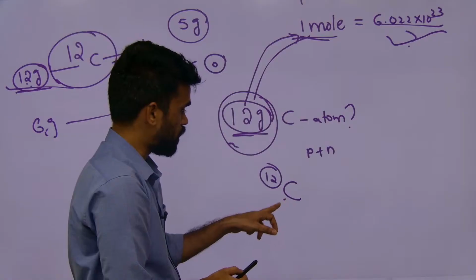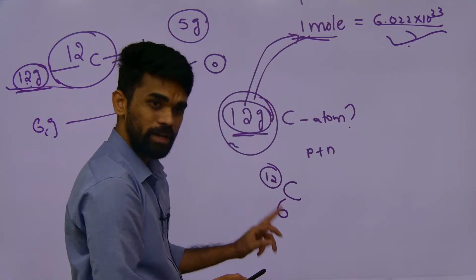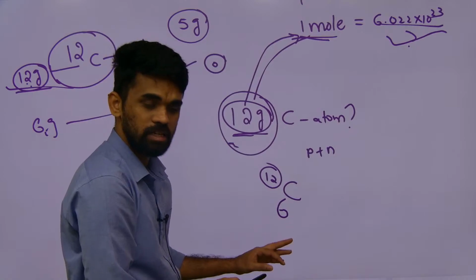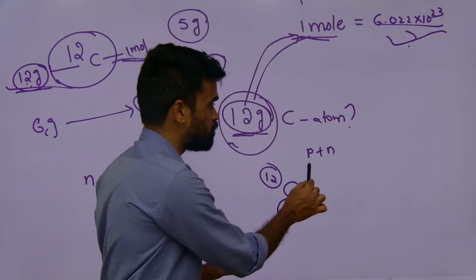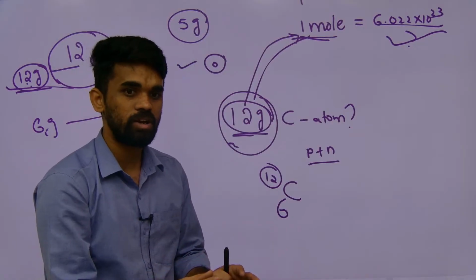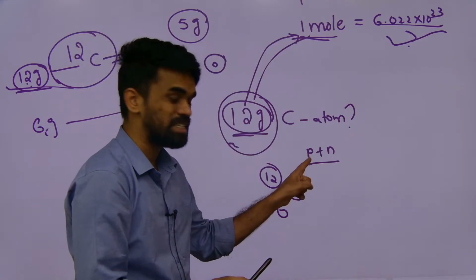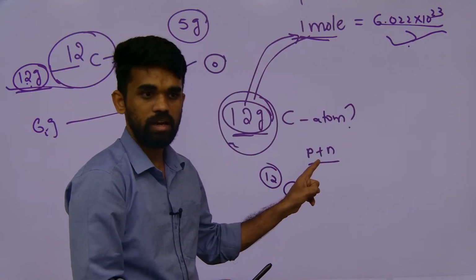A carbon atom contains 6 protons and 6 electrons. When considering mass, do not worry about the mass of the electron, because it is very small and negligible compared with the mass of protons and neutrons.